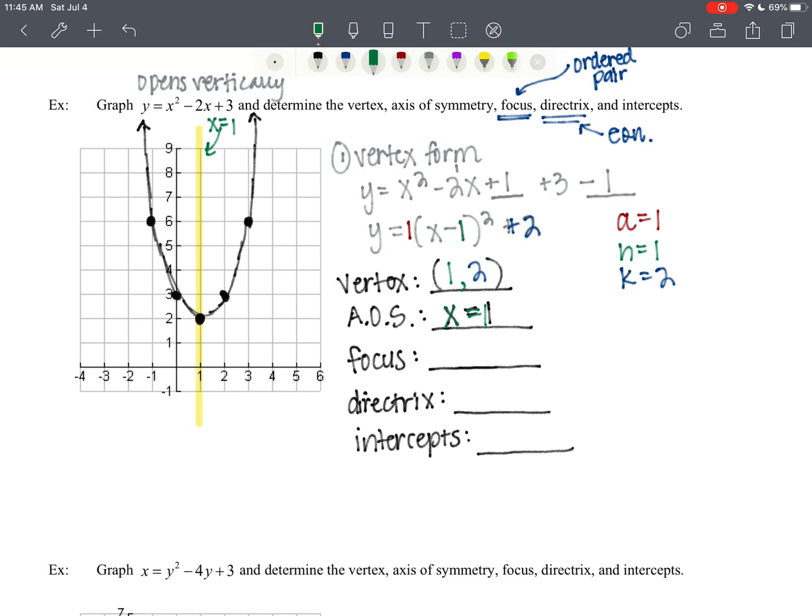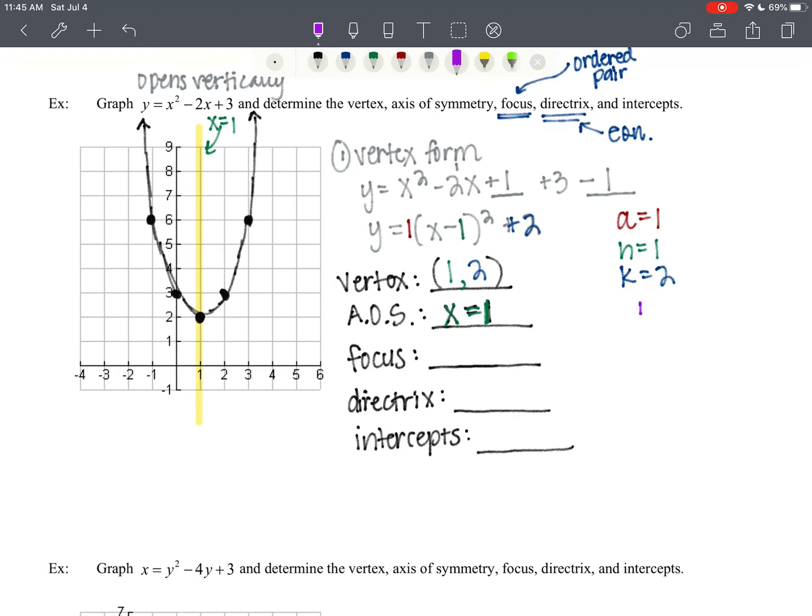And then we have the focus. Now the focus, remember, is going to be 1 over 4a of a distance away from the vertex. So the focal distance equals 1 over 4a, which is 1 over 4 times 1. So it's 1/4. That's a 1 right there.